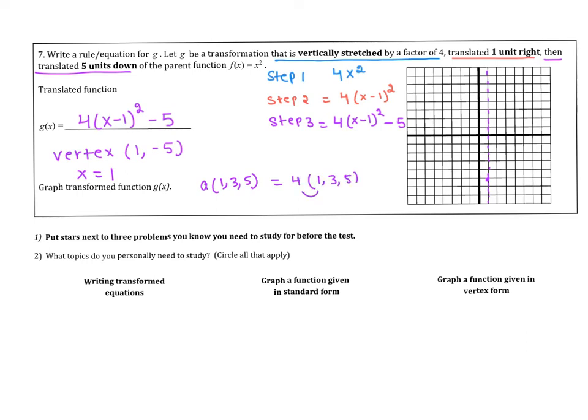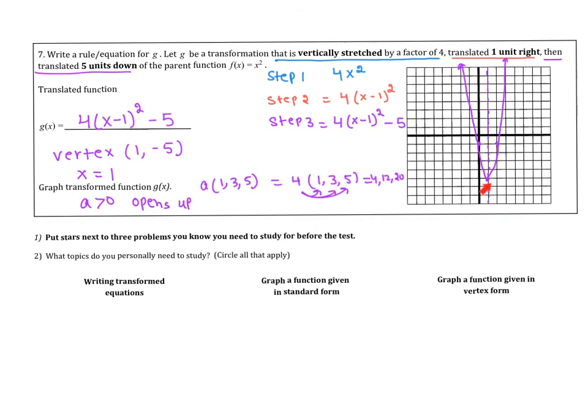And my new pattern for this one is 4, 12, and 20. So since a is greater than 0, it opens up. So from the vertex here, you're going to move up 4, up 12, and up 20.